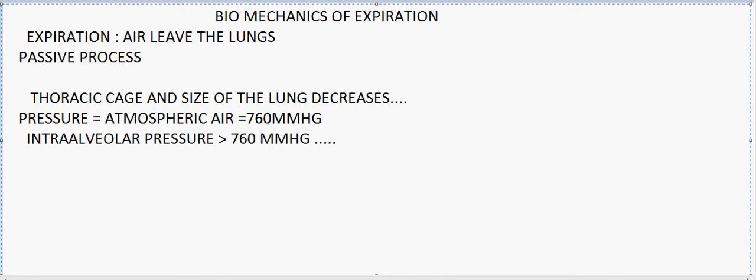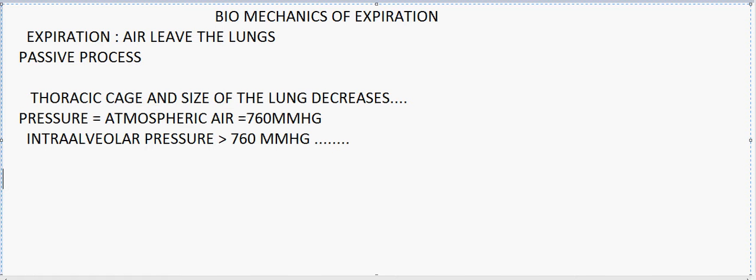This is how the air leaves the lung. We should note that there is a positive intra-alveolar pressure inside the lung. The difference may be small: the intra-alveolar pressure may be around 761 compared to the atmospheric. Just positive 1 mm Hg is enough to expel the air out of the lungs.